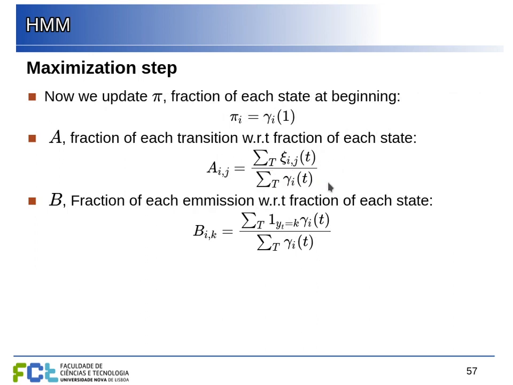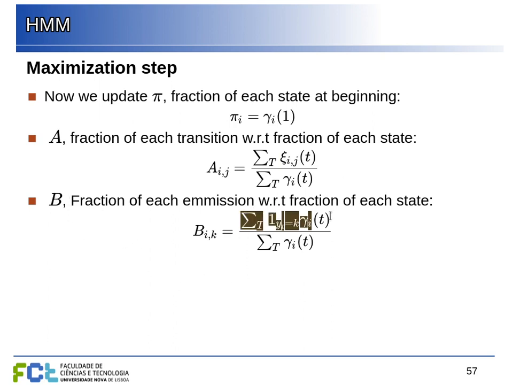And we normalize this by the marginal probability of being in those states at times t. So basically, this way we can compute the best estimate for the probabilities of transitions by using the joint probabilities of being in the states in consecutive time steps, normalizing by the marginal probability of being in those states. And now we need also the emissions.